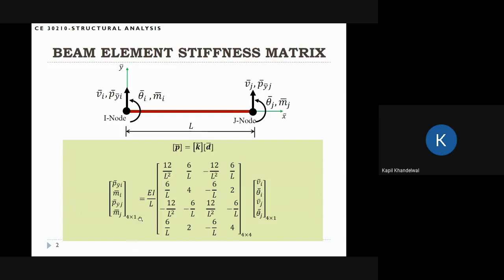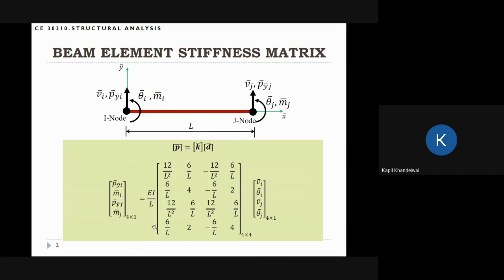We have a 4x4 stiffness matrix that relates the nodal displacements, vi, theta i, vj, theta j, four nodal displacements, two at node i and two at node j, to the nodal forces: pyi, mi, pyj, mj. pyi and pyj are the vertical forces, or shear forces, at nodes i and j, and mi and mj are the moments at nodes i and j. They are related through this stiffness matrix.